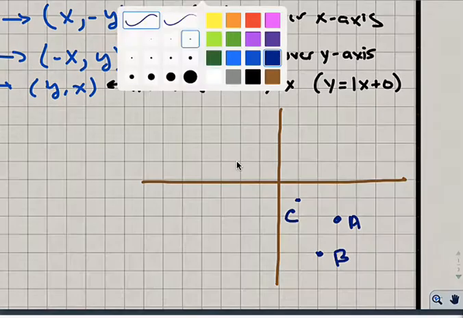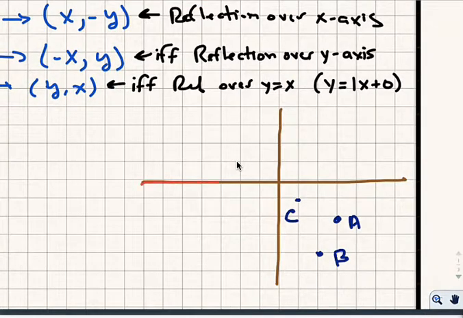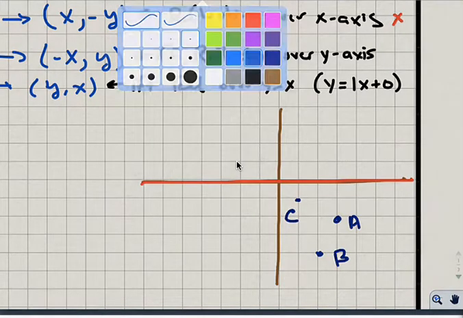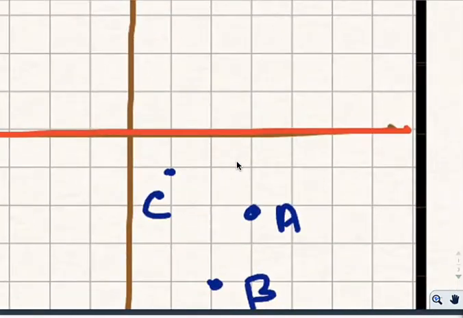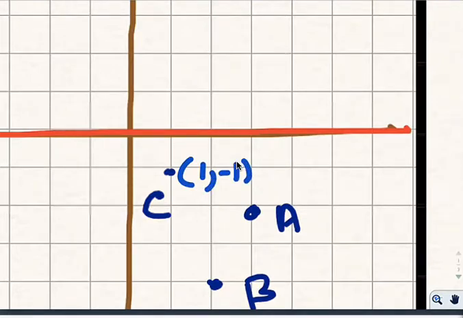If you take the first one, and I want my line of reflection to be this one, since I'm reflecting over the x-axis, I can just go x, negative y, which means keep the same x value but flip the y value. So if this one is at 1 comma negative 1, I'm flipping over the red line. This should be 1 comma 1. So keep the x, flip the y.